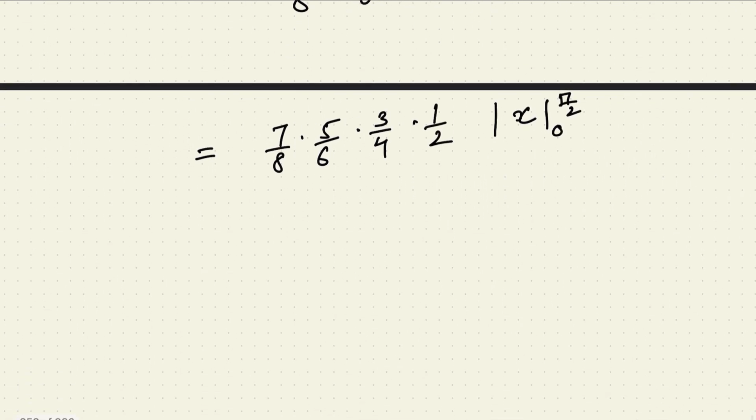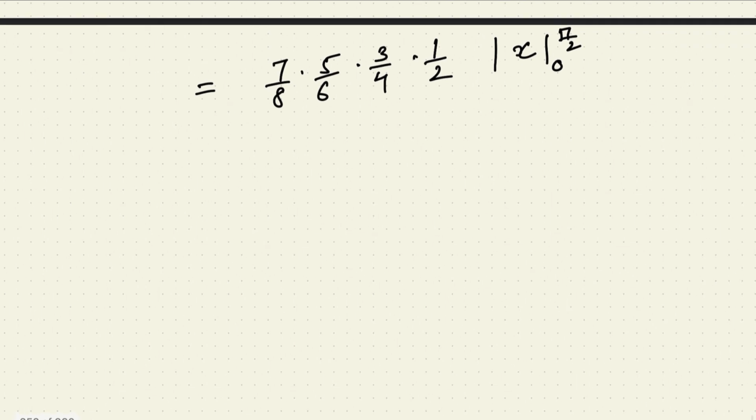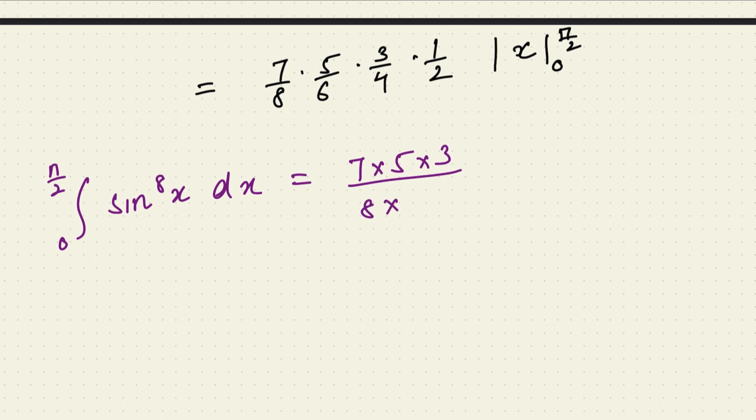So now the final answer is, if we plug in pi by 2 in this equation, it is pi by 2. And if we plug in the lower endpoint into this equation, this would basically be 0 in this case, right? So the final answer for the integral from 0 to pi by 2 of sine to the power 8x dx would be (7 into 5 into 3) upon (8 into 6 into 4 into 2), times pi by 2, because pi by 2 minus 0 is pi by 2.